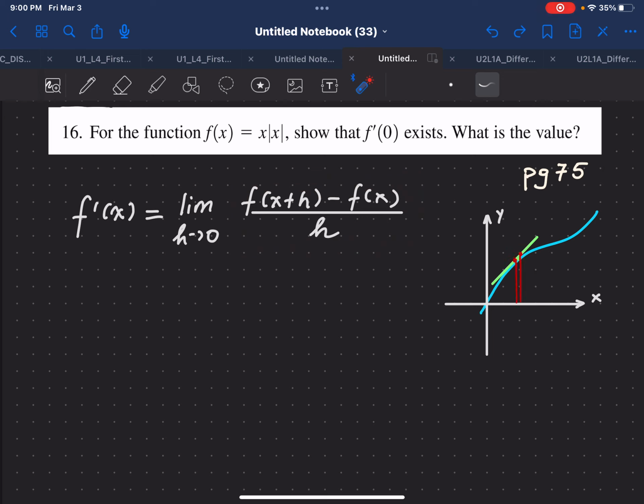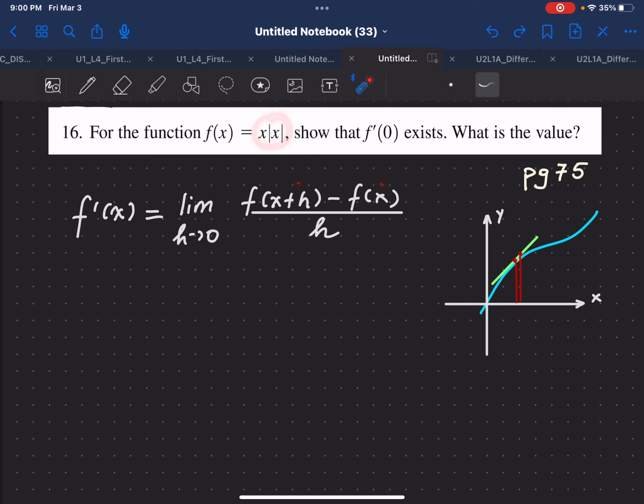How close are they? h units horizontal distance, and we make that h unit distance equal to 0 in order for these 2 points to become a single point and for this line to become a tangent line instead of just a secant.